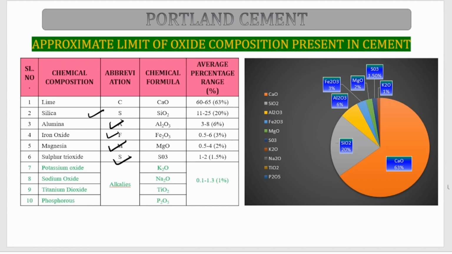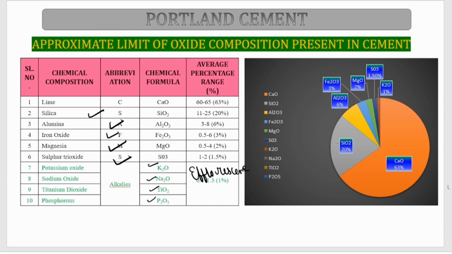In addition to this, a small amount of alkalis like Na2O, K2O, TiO2, P2O5 are present as residues in cement. If these alkalis are present in excess, it causes efflorescence. And this results in cracking of concrete.